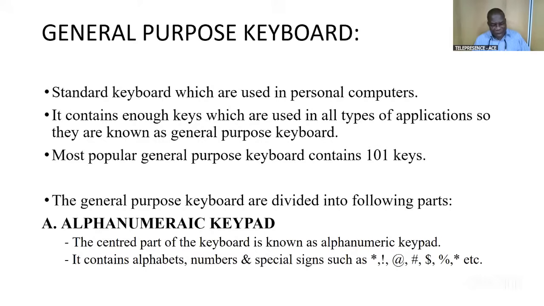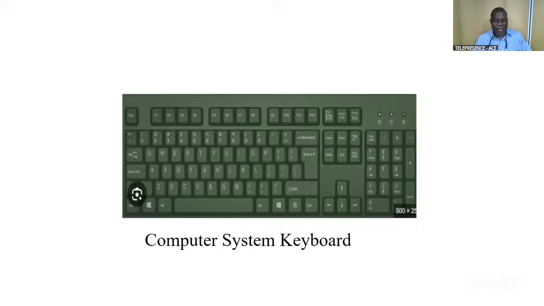It contains alphabets, numbers, special signs such as the star, those ones that are listed there, the @ sign, the $ sign, the percentage sign, and so on and so forth. All these parts contain the alphanumeric keys.